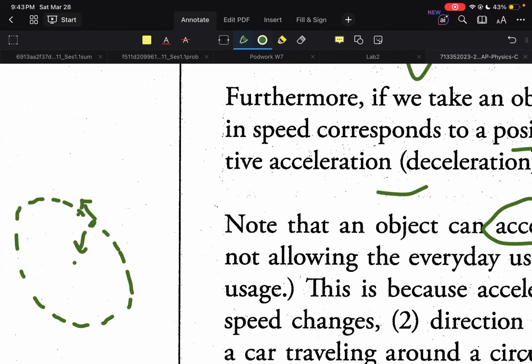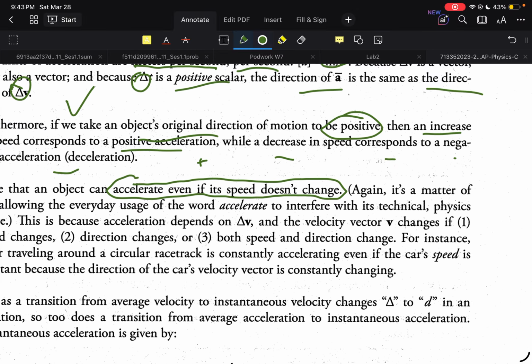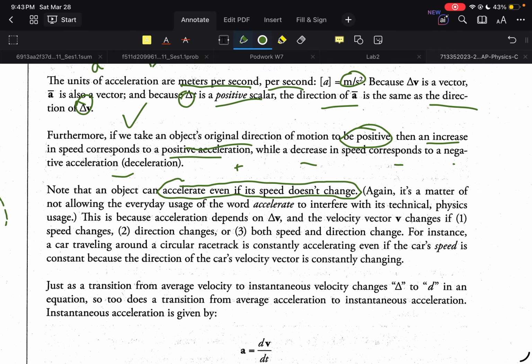Speed is not changing, however the velocity vector is changing over and over. Again, it's a matter of not allowing everyday usage of accelerate to interfere with technical physics usage, because acceleration depends on change of v and the velocity change. If speed changes, direction changes, or both speed and direction change.